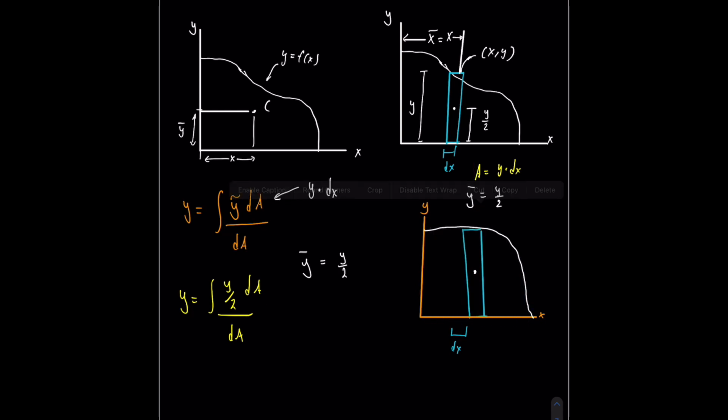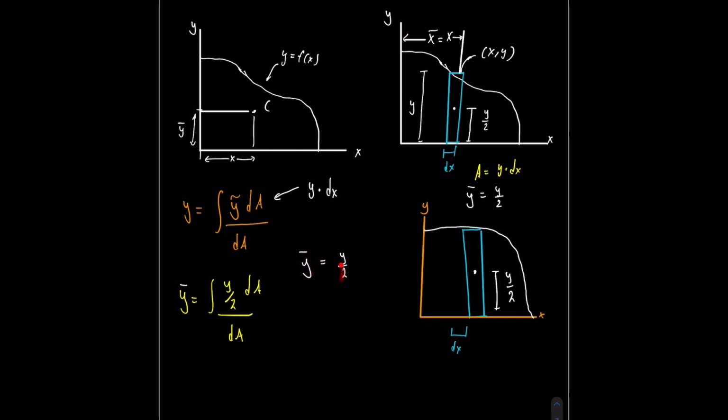However, in the y direction, it has a distance y half here from the centroid. So we use this distance to find the y coordinate of the centroid in the y direction. So we just move this here. And that's going to give us our y coordinate of the centroid.